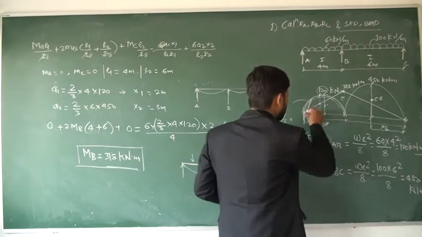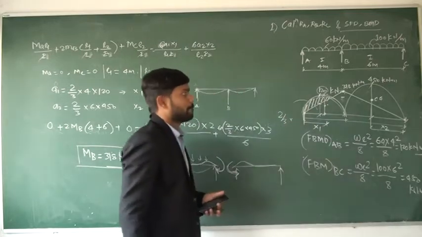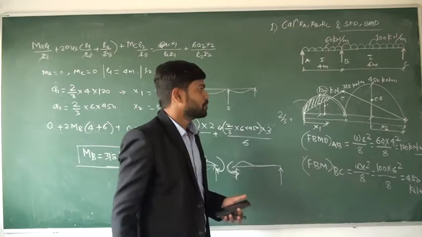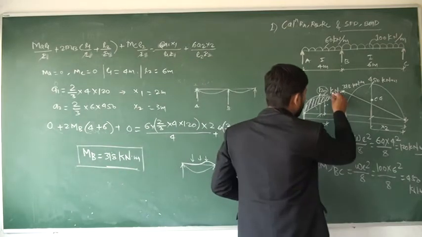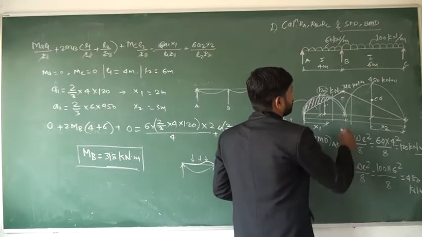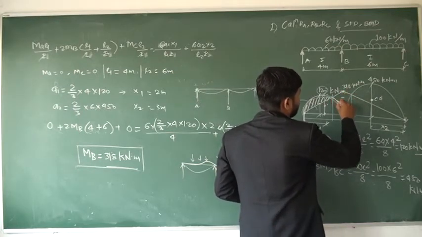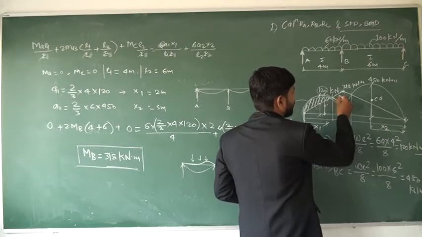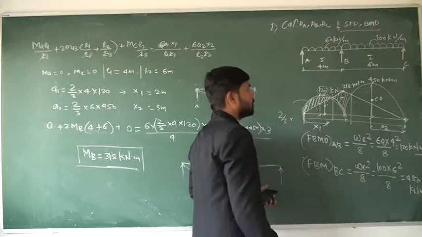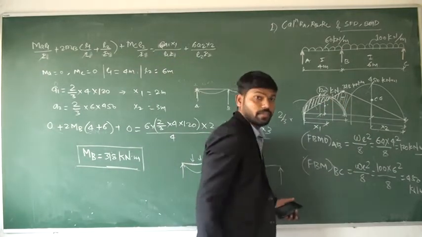Okay, so this remaining portion is your bending moment, not this entire parabola. Now from this location to this location, see this negative bending moment is much more than this positive bending moment. So the resultant bending moment will be negative from this region to this region.